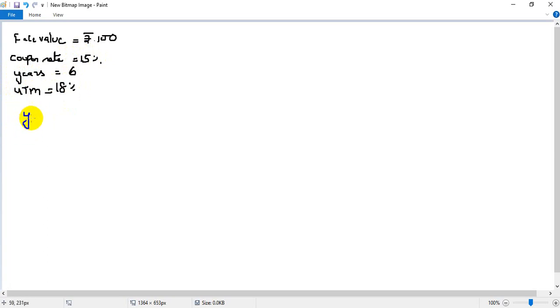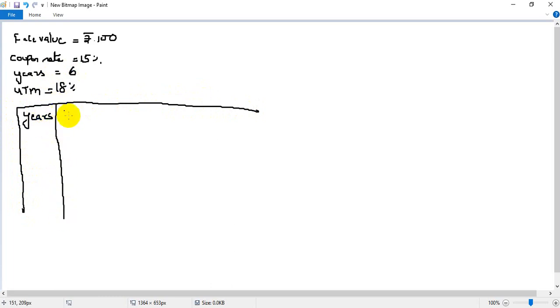So you have certain columns over here: years, cash flows, and now you have to take PV at 18%.